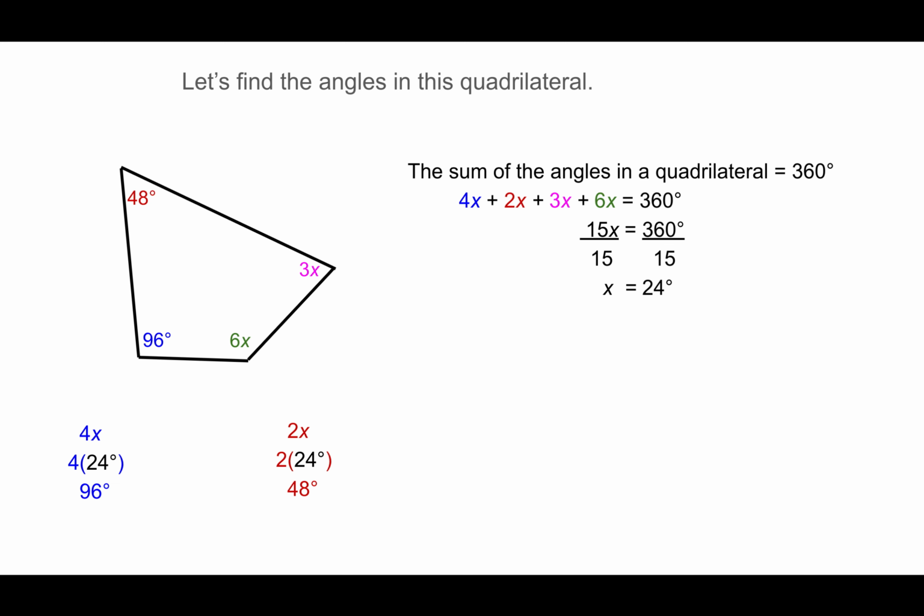So the red angle is 48 degrees. Let's look at the pink one, 3x. Again, the product of 3 and 24 degrees is 72. So the angle is 72 degrees. And lastly is the green angle, 6x. The product of 6 and 24 degrees is 144 degrees. If we add those four angles together, we will see that the sum is 360 degrees.